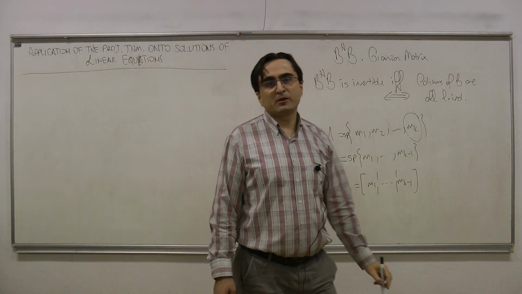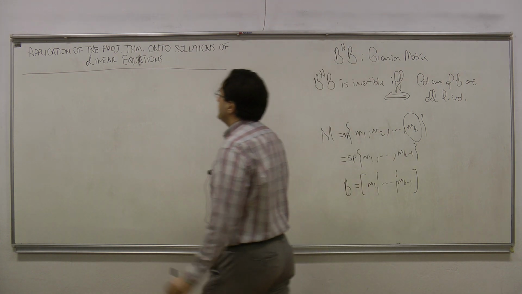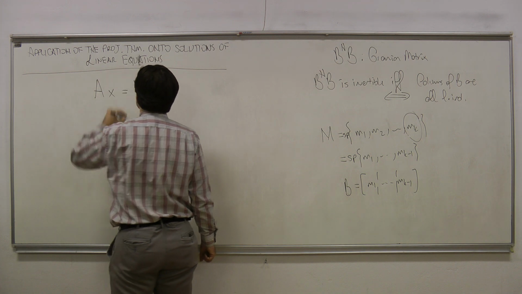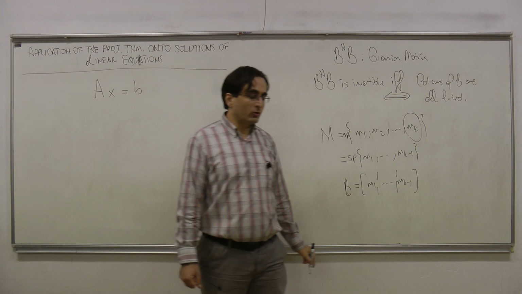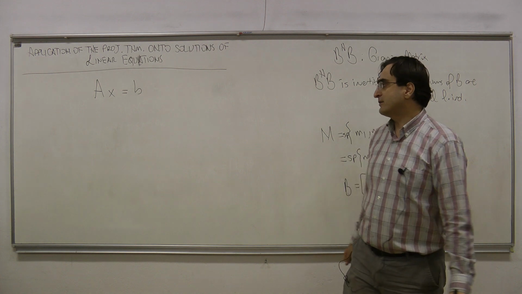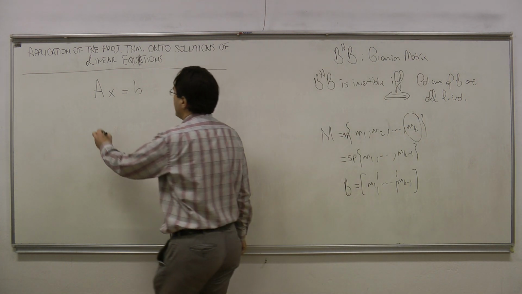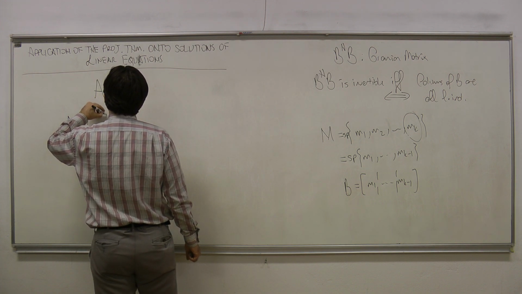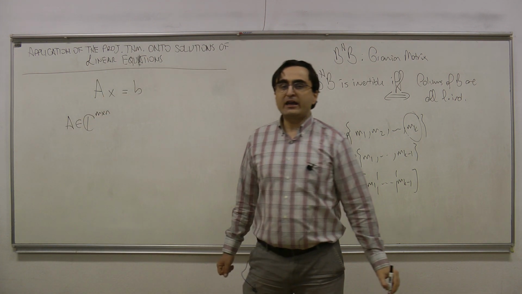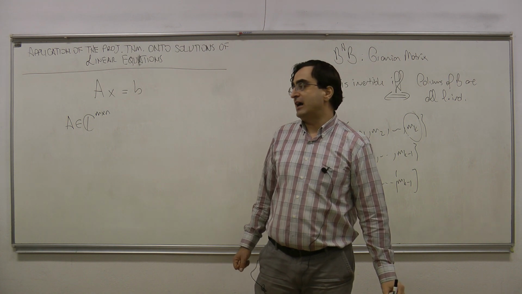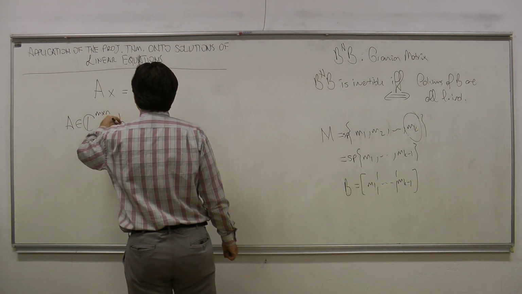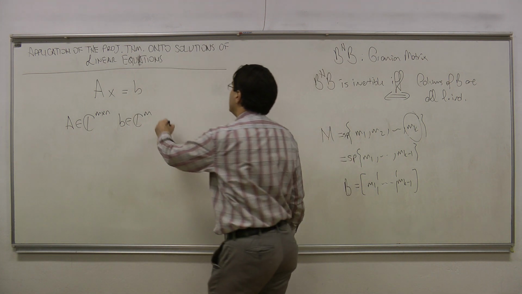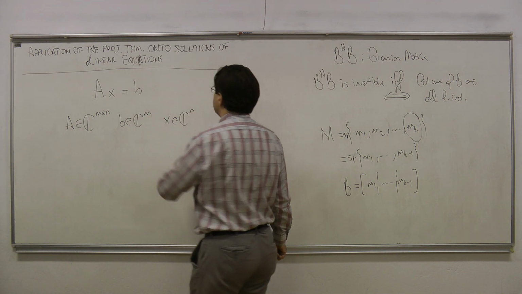So now let us start with the new subject. In this case, I will have the equation Ax equals b. We would like to solve this equation for x, and here A is going to be a known m by n matrix in C^(m×n), and b is going to be in C^m, and x is going to be in C^n.